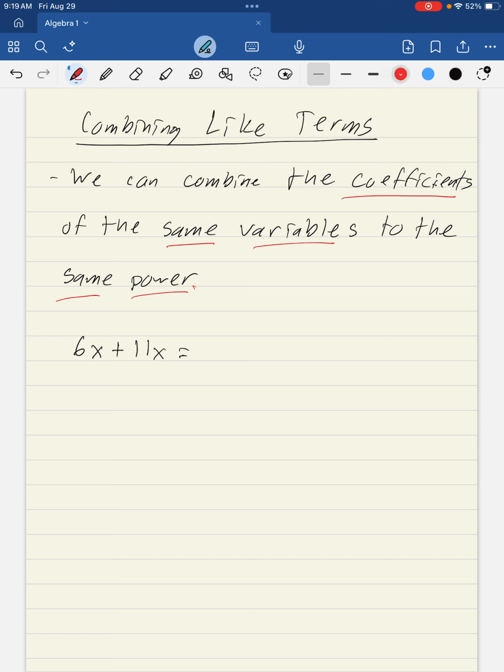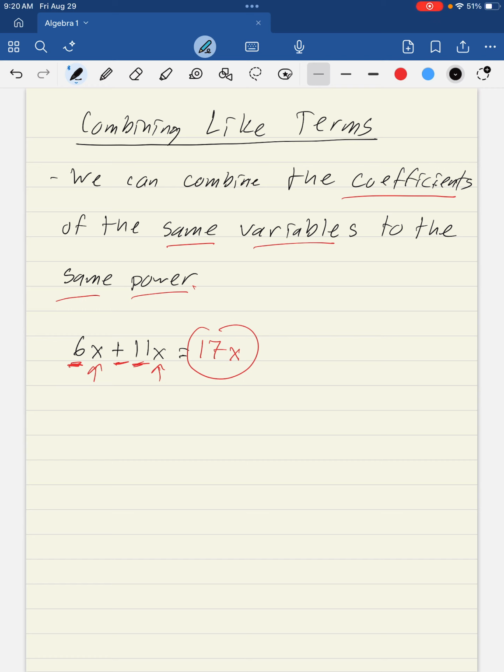Well, when we combine like terms, the coefficients are the numbers in front of your variables. We have the same variables, which are x's, to the same powers, which is just an x, so we can combine the numbers in front. I see I can combine these guys, so I have 6 plus 11. 6 plus 11 is 17, and I can put the x at the end. Bop, we're done.